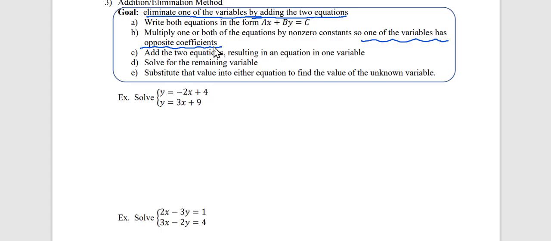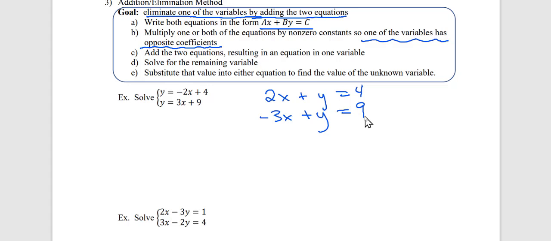In this first example, I have y equals negative 2x plus 4, y equals 3x plus 9. It's usually easiest if you write both equations in that form: 2x plus y equals 4, negative 3x plus y equals 9.